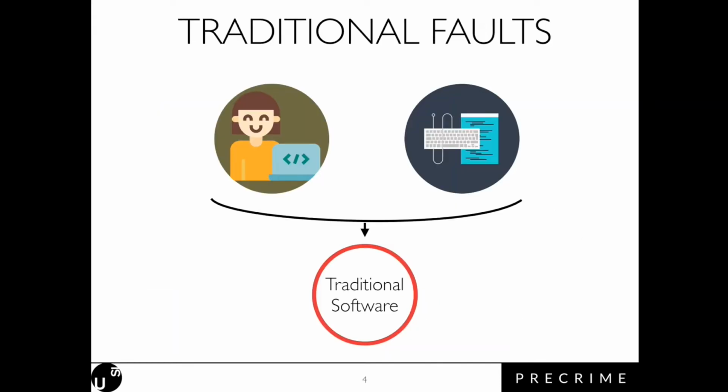So in traditional software, faults are usually in the software. A developer writes some code, and if the software misbehaves, we get the intuition that most probably we have some fault somewhere in the code. In DL, the notion of a fault is a bit more complex.